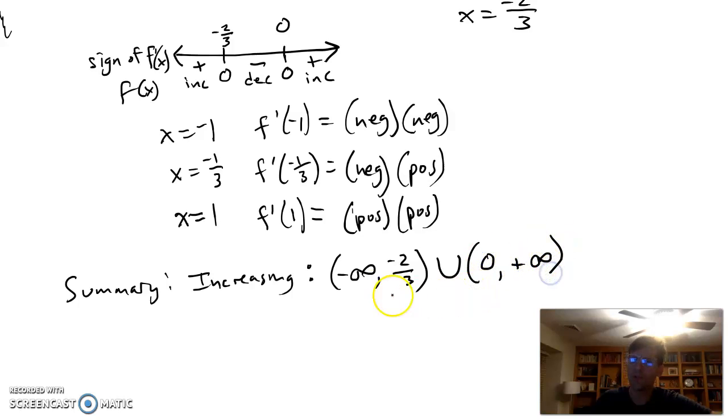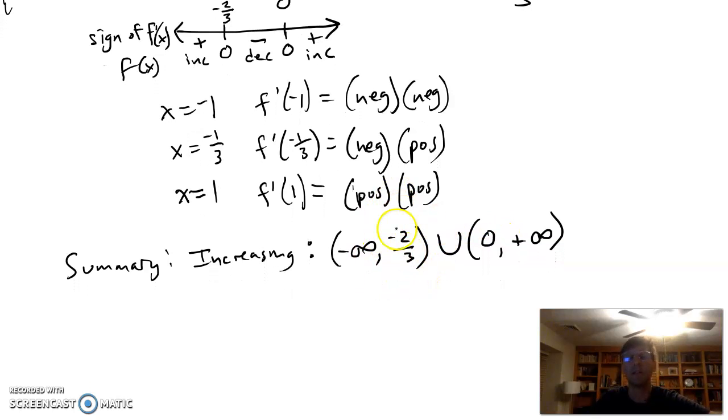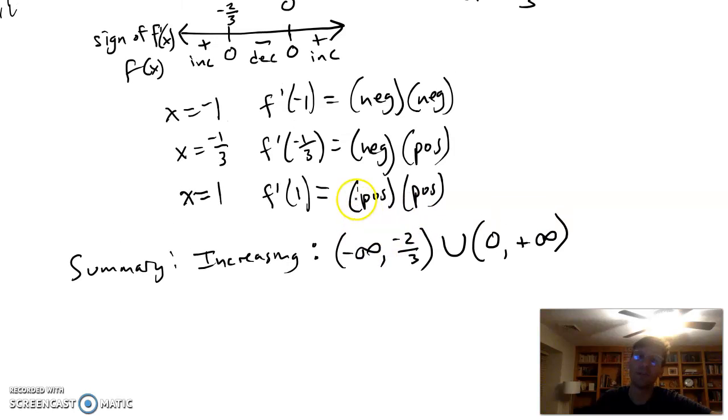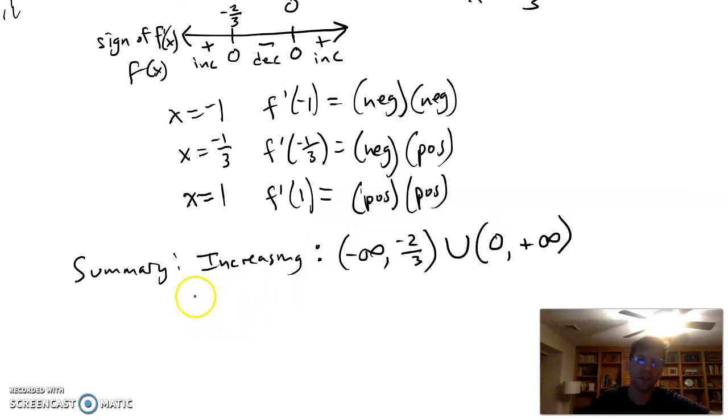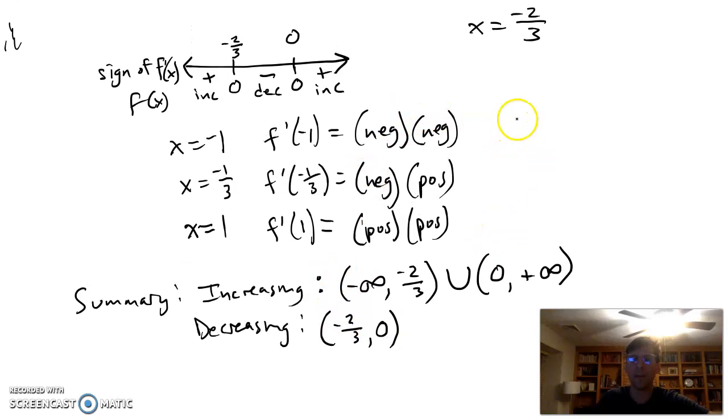We also use parentheses on the infinities because you can't really include infinity, because it's not like a number, but that's another conversation for another day. And then it's decreasing in between those two values, so from negative 2/3 to 0. And that's it for decreasing.